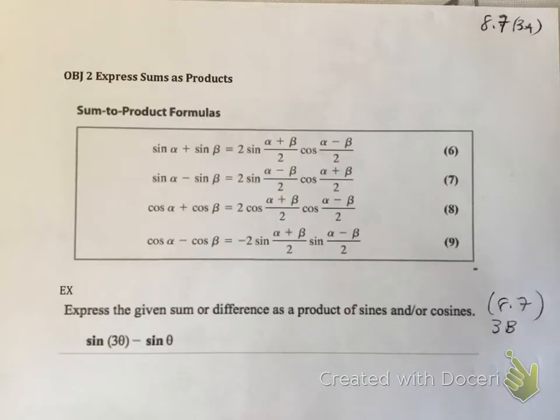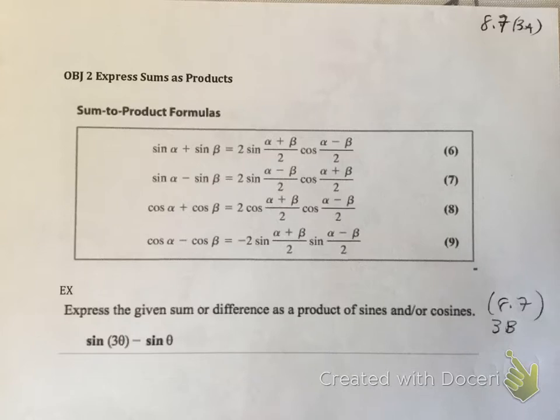Okay, so objective 2 asks us to express sums as products. So here are the formulas. Sine alpha plus sine beta equals 2 sine alpha plus beta over 2 times cosine alpha minus beta over 2. Sine alpha minus sine beta equals 2 sine alpha minus beta over 2 times cosine alpha plus beta over 2.